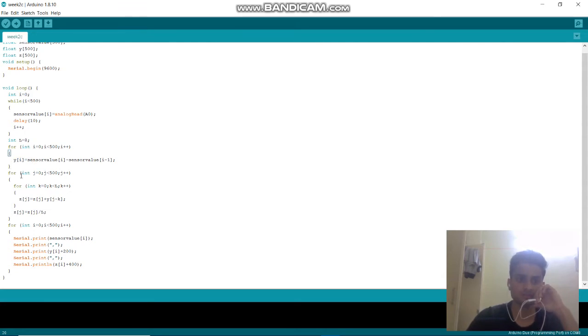Now again we'll implement the moving average filter on yi. So zi will be the output of the moving average filter, and it will take yi, that is the derivative filter of the sensor value, as the input of the moving average filter with length equal to 8. So this is the implementation of the moving average filter on y of I.